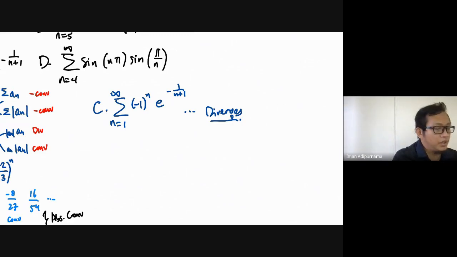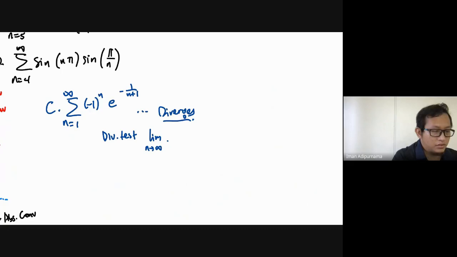You can just use the divergence test. So the limit as n approaches infinity of this, and you have the result, right? It's 1. So it is diverged.